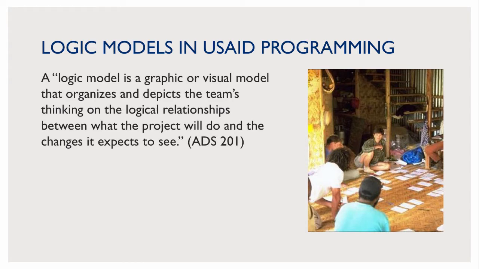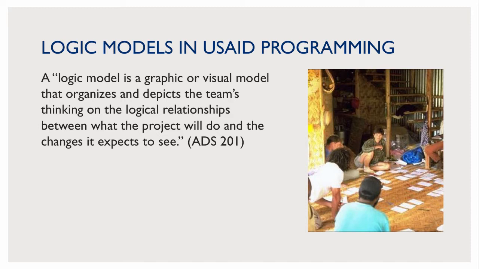USAID describes a logic model as a graphic or visual model that organizes and depicts the team's thinking on the logical relationships between what the project will do and the changes it expects to see. There are a wide range of logic models, including, but not limited to, log frames, causal loop diagrams, stakeholder-based models, results frameworks, and results chains.